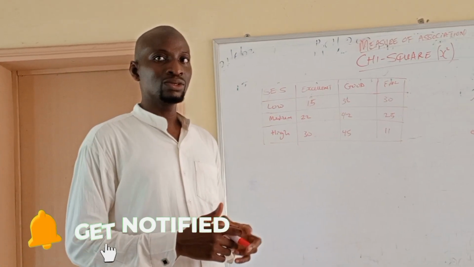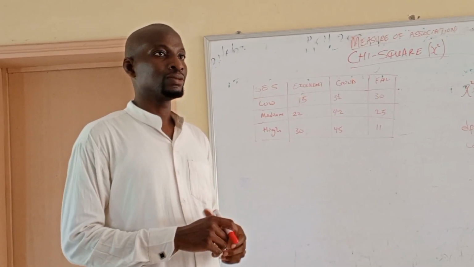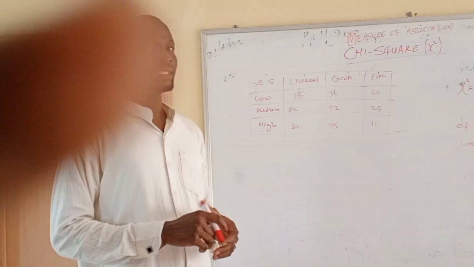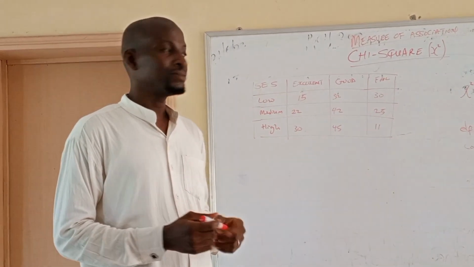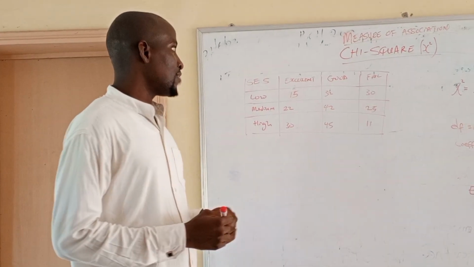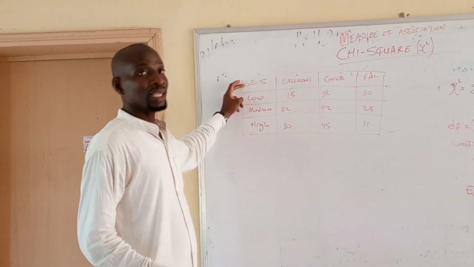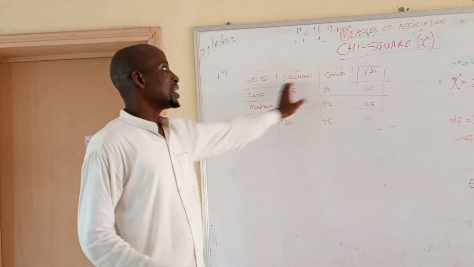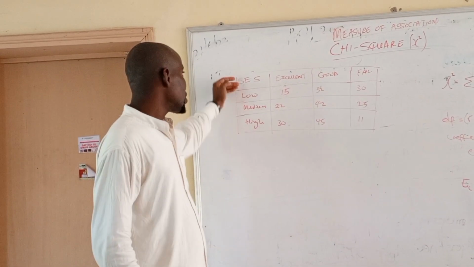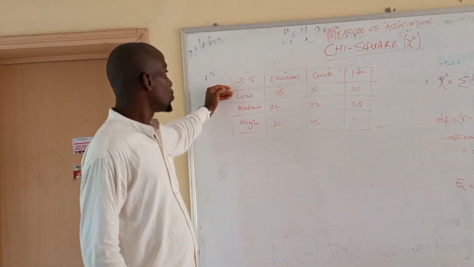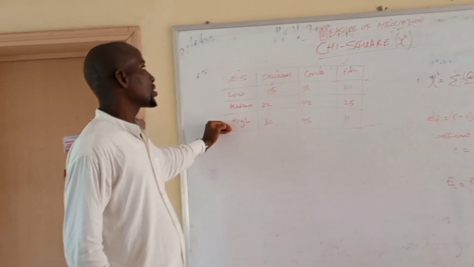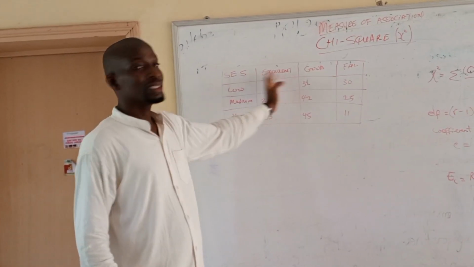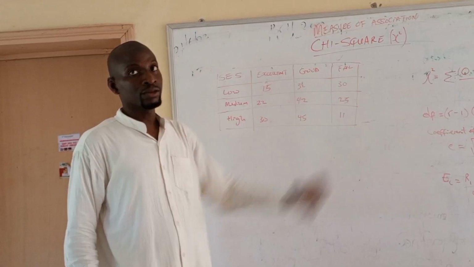So chi-square is known as a measure of association, usually suitable for data that are measured at the interval level. In this example that we have here, you are seeing socioeconomic status of respondents and their academic performance. Socioeconomic status is in three levels: low, medium, and high, while academic performance is also in three levels: excellent, good, and fail.